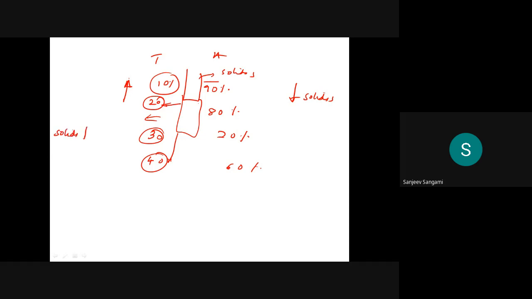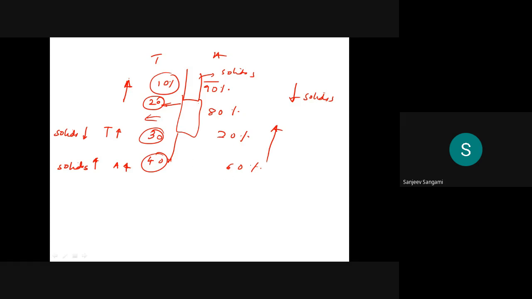Solids are decreasing, your transmittance is increasing. Assume that if solids are increasing, even the absorbance is also going to increase. So this is our relation.